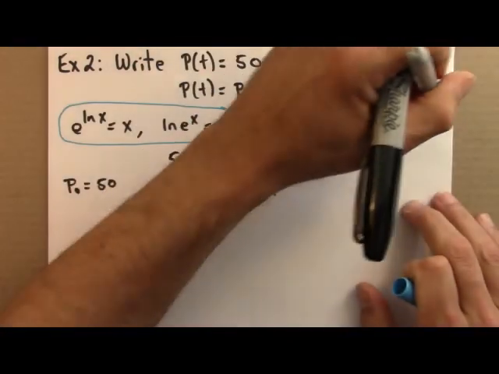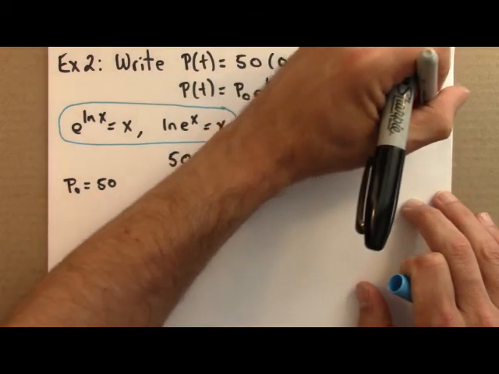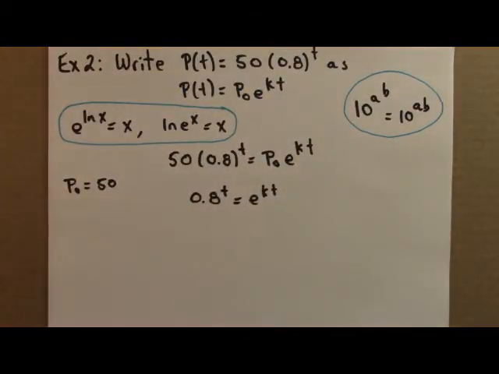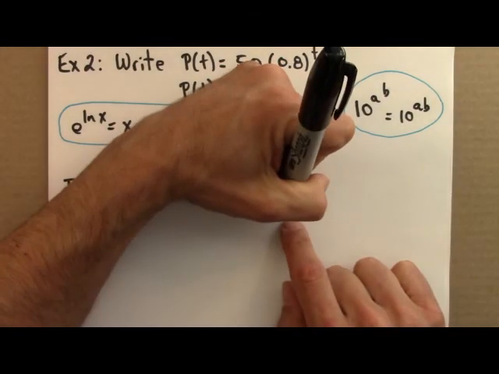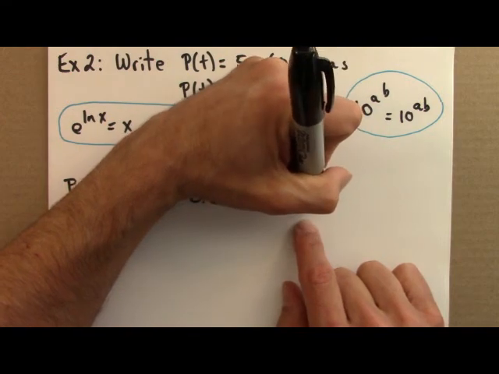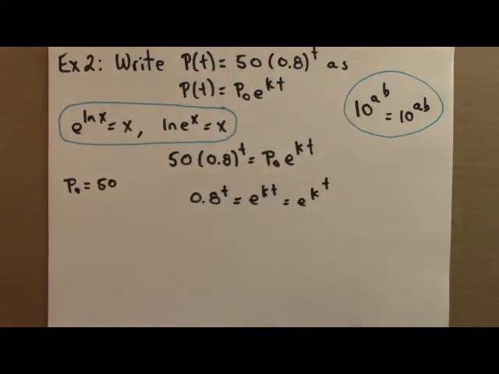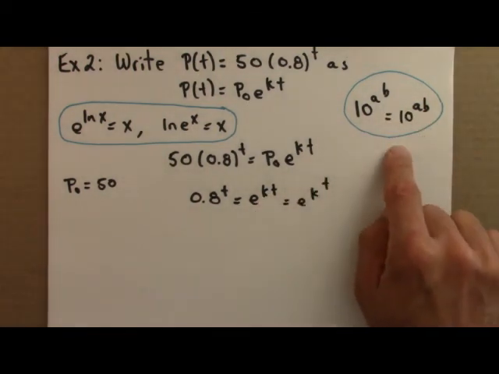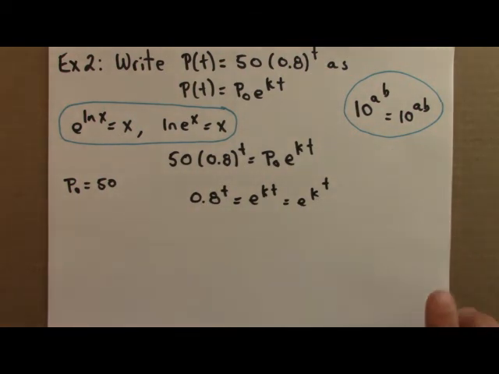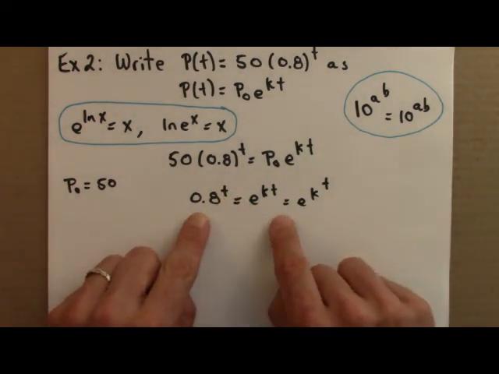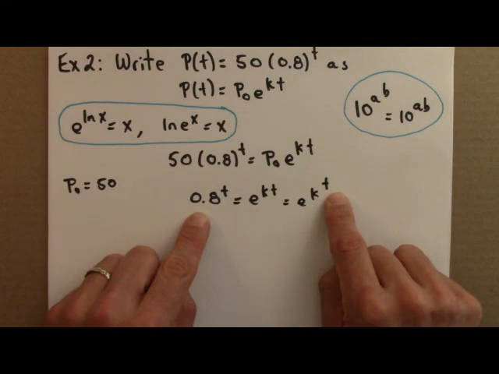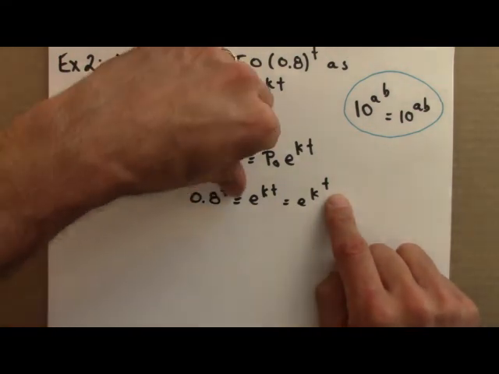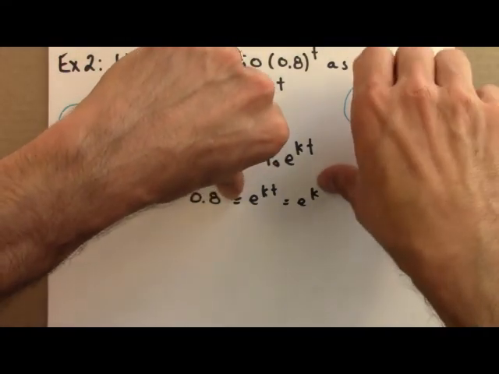So I'm going to use that property of exponents, but I'm going to kind of use it backwards. And I'm going to say that this is e to the k to the t. So e to the k to the t is the same thing as e to the kt by this property here. So now I've got something to the t equals something to the t. And so those somethings must be the same. 0.8 must equal e to the k.